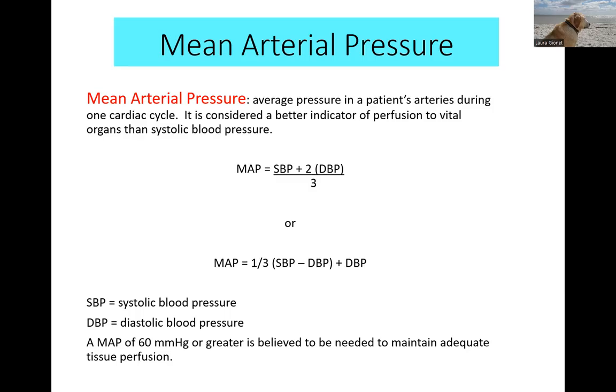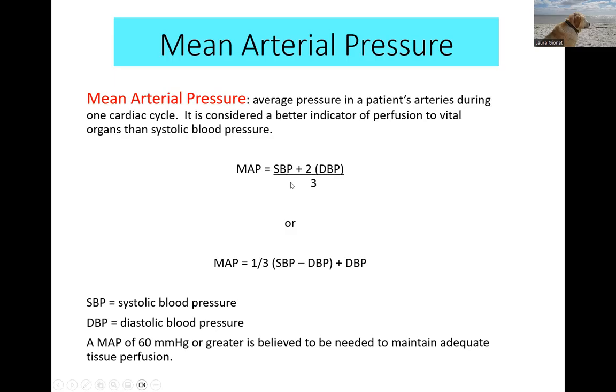Or 1/3, in parentheses, systolic blood pressure minus diastolic blood pressure, plus diastolic blood pressure again. So you find the difference in the parentheses, between systolic and diastolic pressure, which will be a value. If it's 120/80, then the difference is 40. Then you add back in the diastolic and you divide it by 3.